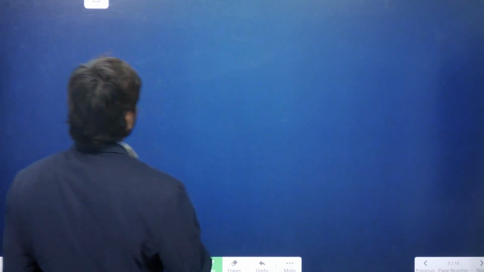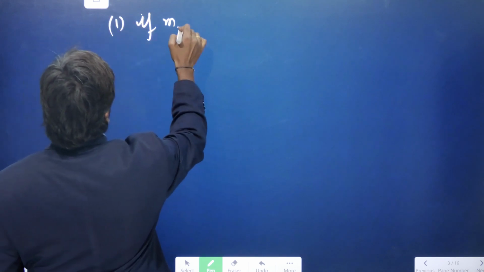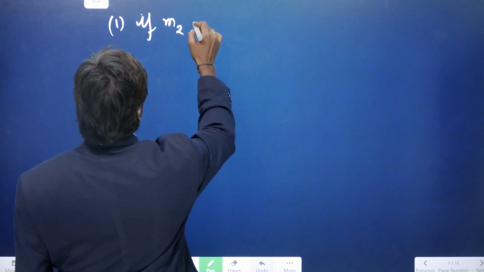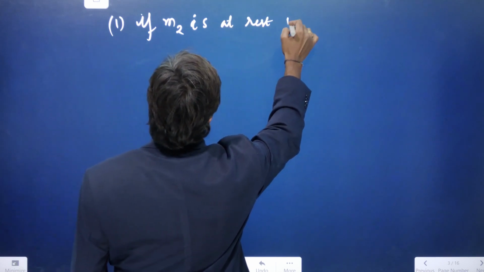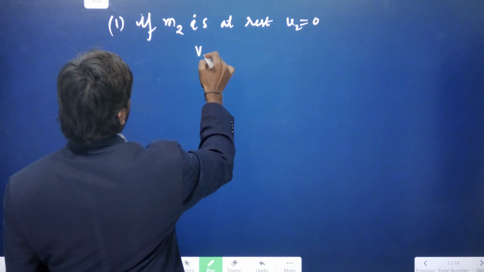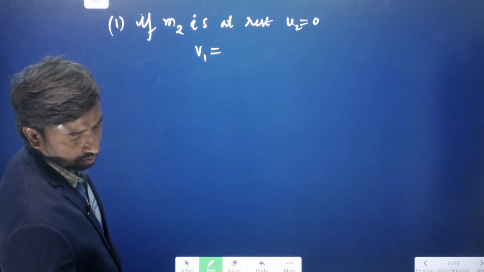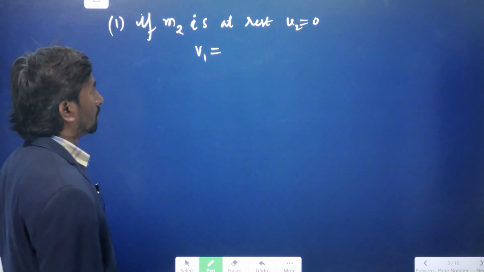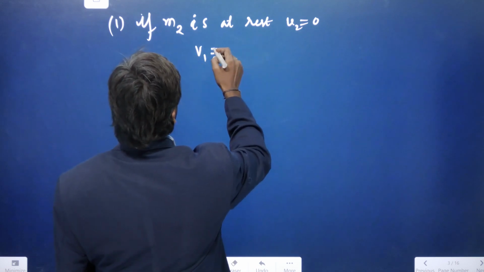If m2 is at rest, then u2 will be 0, and then for v1, they have different, comparable masses, not far greater or far lesser, so certain values are there.